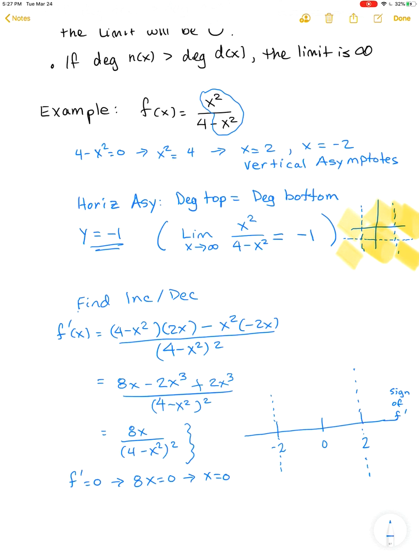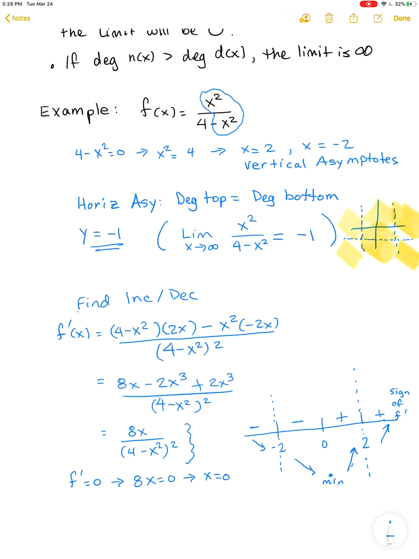I'm looking right here. The denominator is squared, so when I'm away from 2 and -2, the denominator is positive. So when I plug numbers in here, plug in a -3, I get a negative. Plug in a -1, I get a negative. Plug in a +1, I get a positive. Plug in a 3, I get a positive. So the direction of the graph is that it decreases and decreases, then it increases and keeps increasing.